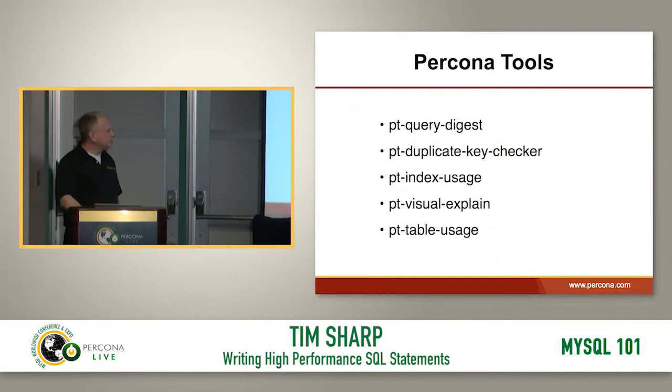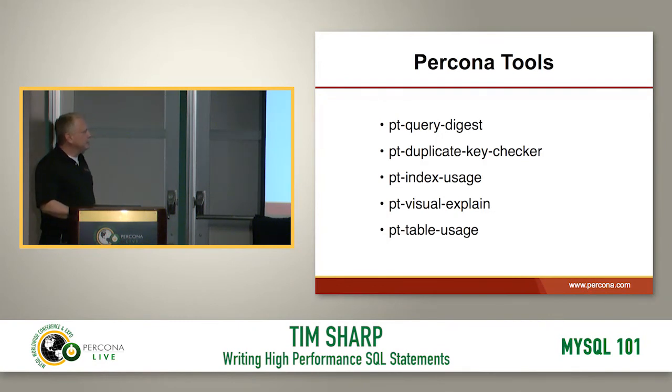Some Percona tools that are used by our consultants for analyzing queries: the pt-query-digest analyzes queries in your slow query log. The duplicate key checker looks for duplicate keys. pt-index looks for unused indices in your database. Visual Explain gives you a more visual, GUI use of the EXPLAIN tool.